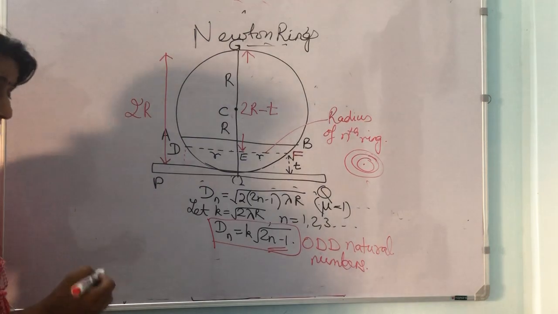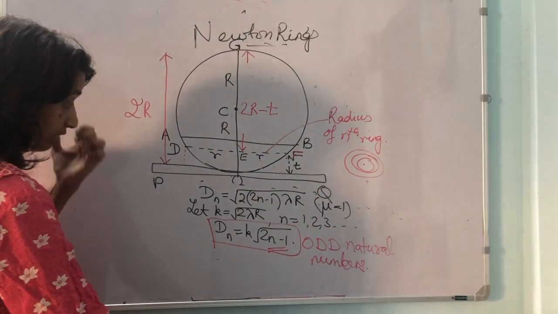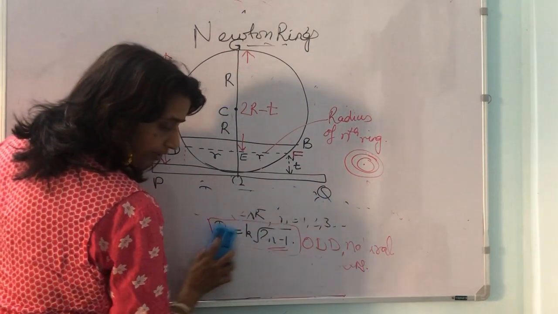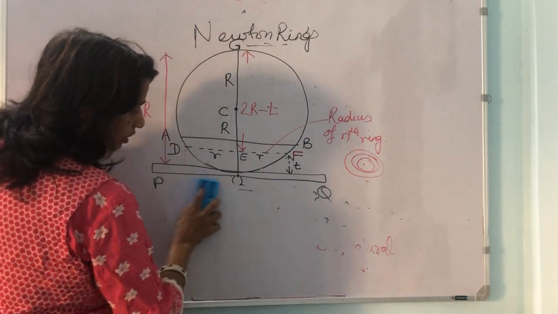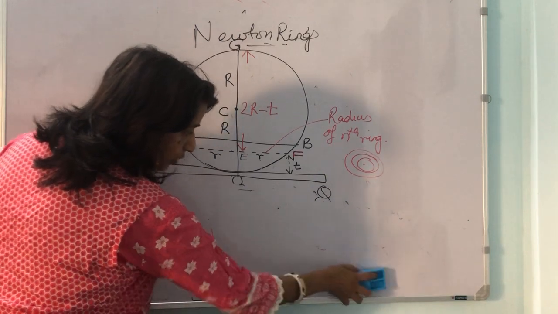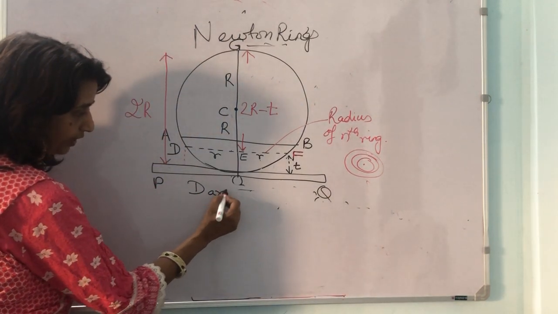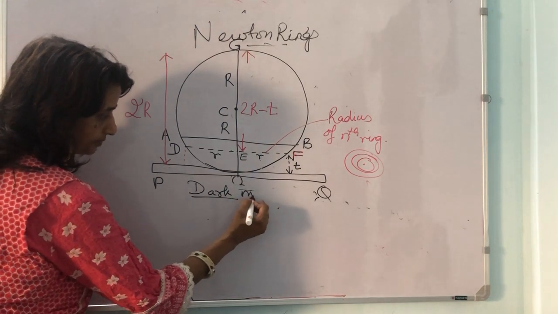Now, for the dark rings, let us put the value of t equal to R square upon 2R in the formula of path difference for dark rings or minima.